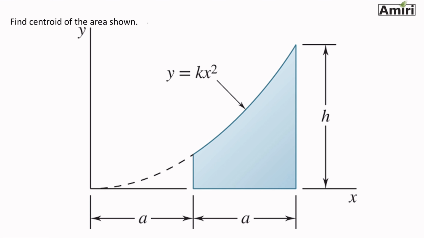Let's look at another centroid problem. Find the centroid of the area shown, the shaded area. Again, this one, y bar, is the distance of the centroid to the x-axis. Let's say this is the centroid.